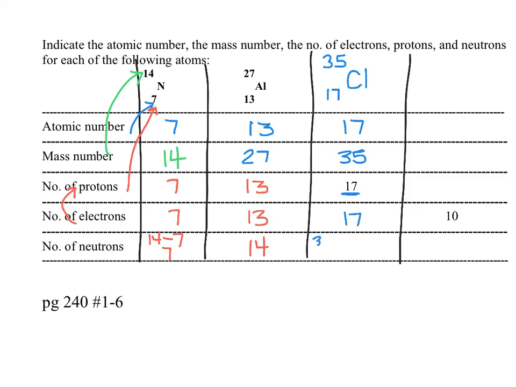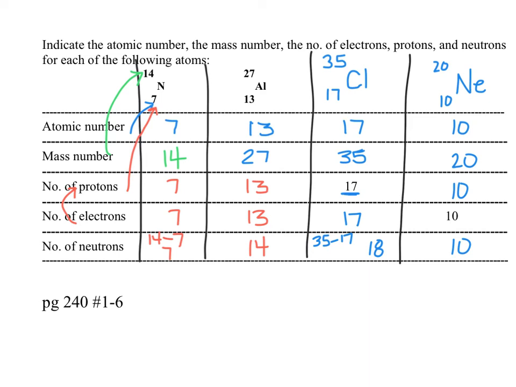And now I have to do my subtraction. 35 minus 17 gives me 18 neutrons. Okay, do you think you can do the last one all on your own? That's right, it's neon. Atomic number 10, mass number 20, and then 10 protons, 10 electrons, and 10 neutrons.